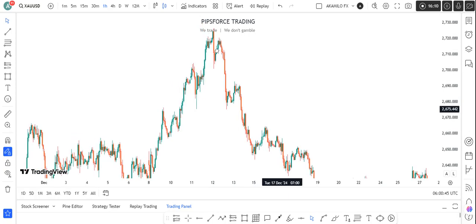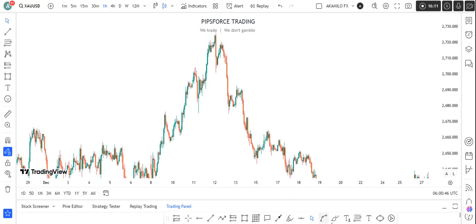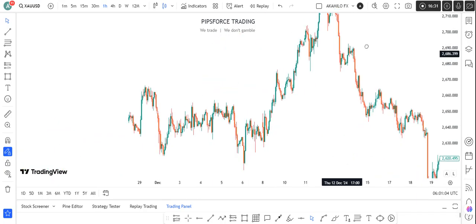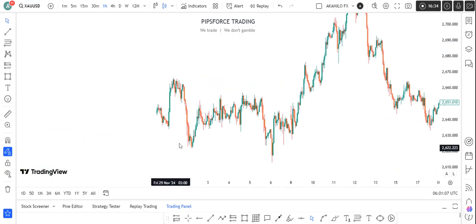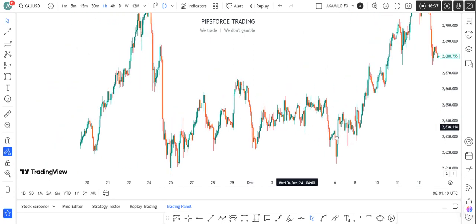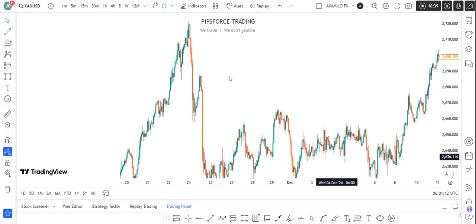If you see this particular one that we have here, this is what we call the mitigation block. So I'll make a different video showing you how to identify a mitigation block. But for now, let's look at how we can literally identify these blocks.